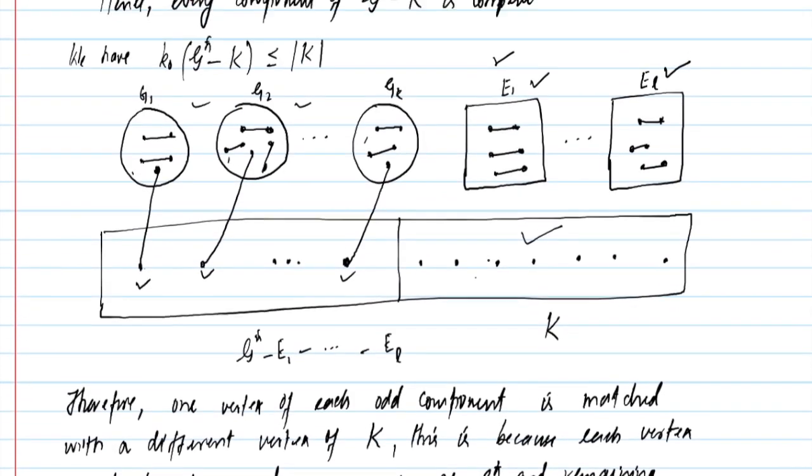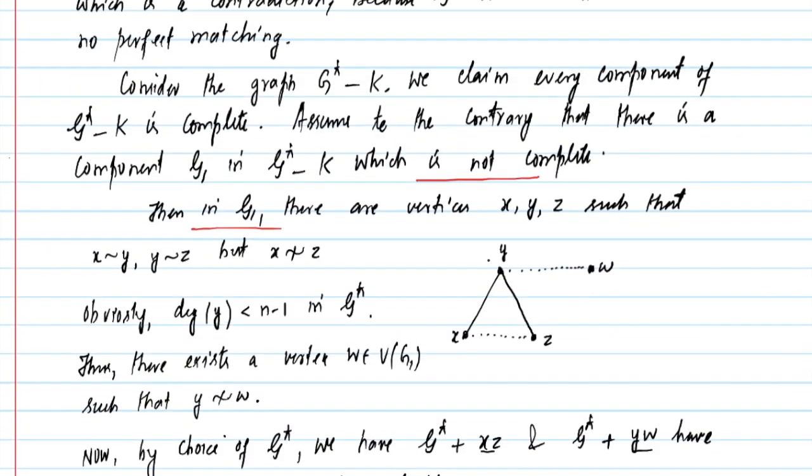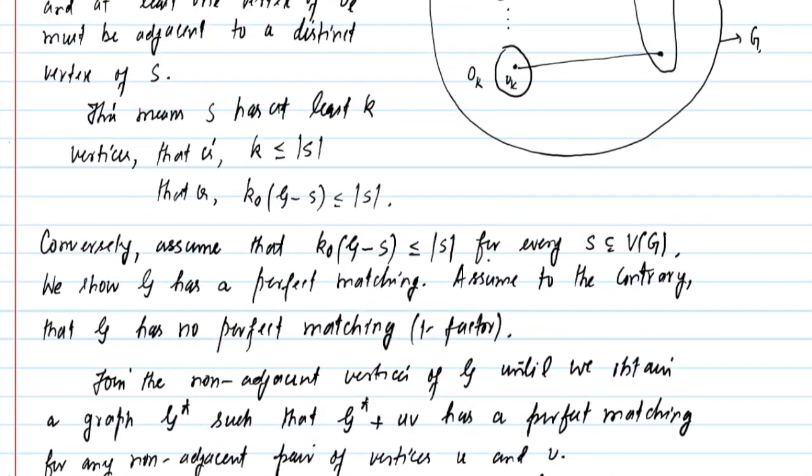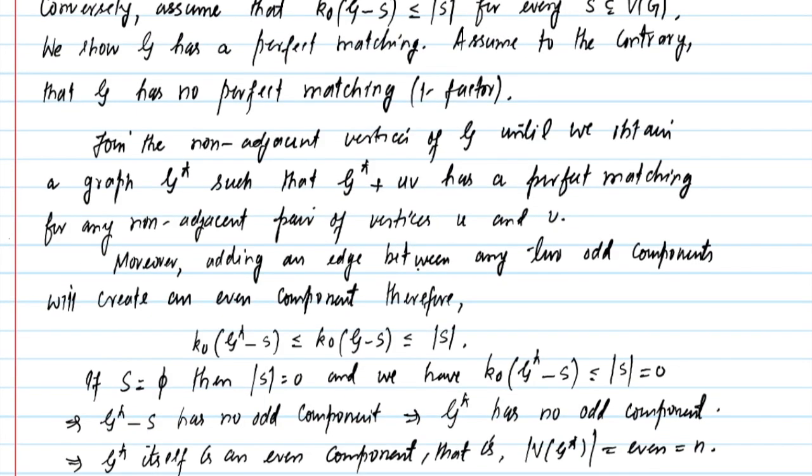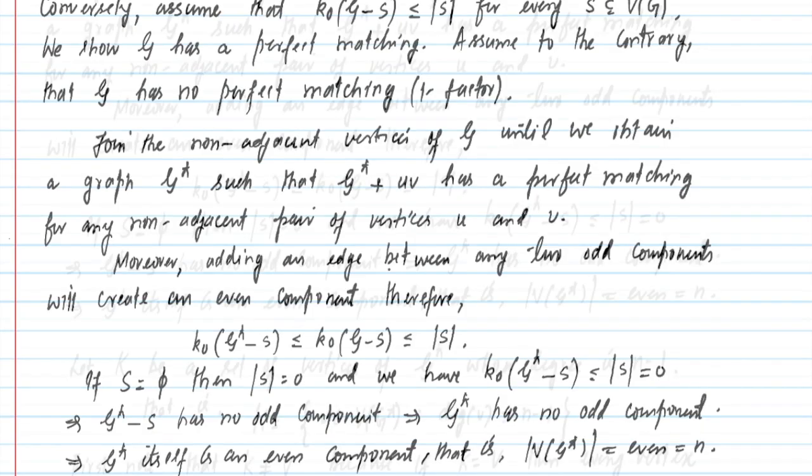Now let's again recall what we have exactly done. The main steps of the proof are, first of all, in the converse part, we construct a graph G star, which is obtained by adding edges to the original graph G, to obtain G star, which is a maximal graph having no perfect matching. Then G star plus UV will have a perfect matching, and this perfect matching will obviously contain the edge UV.